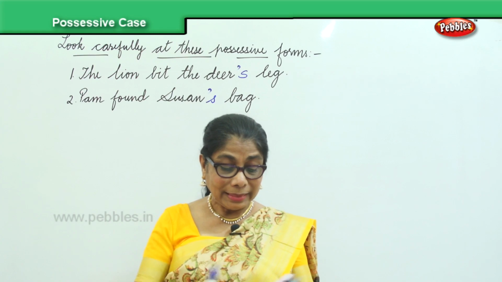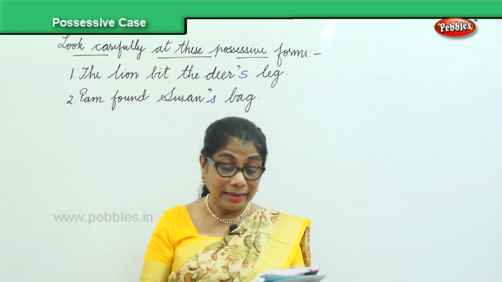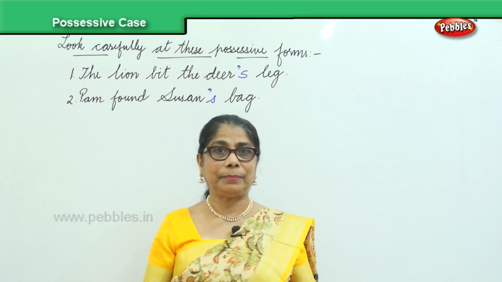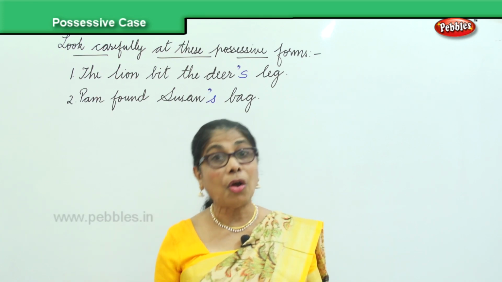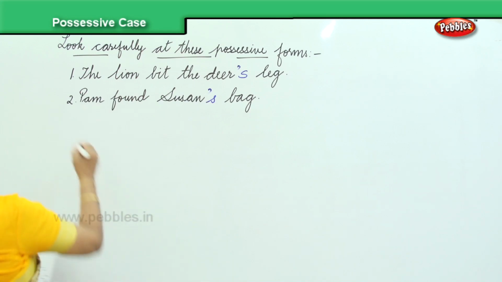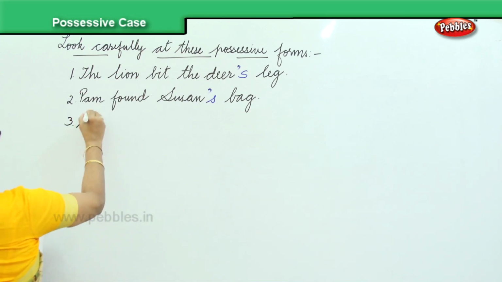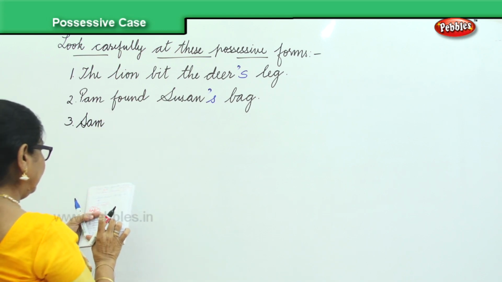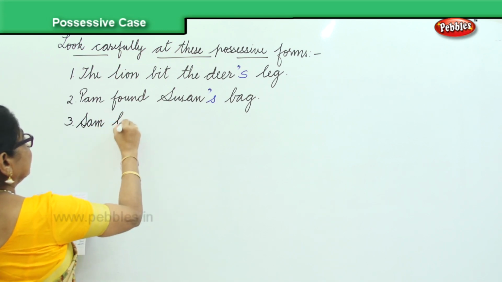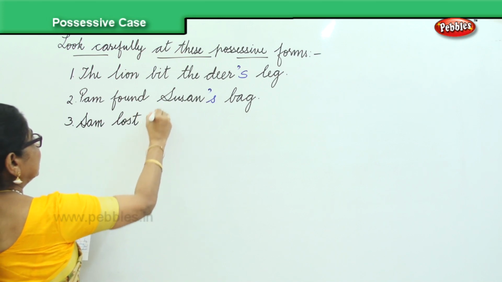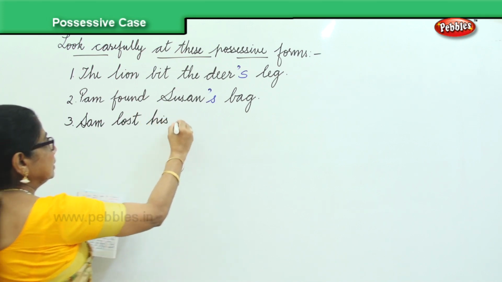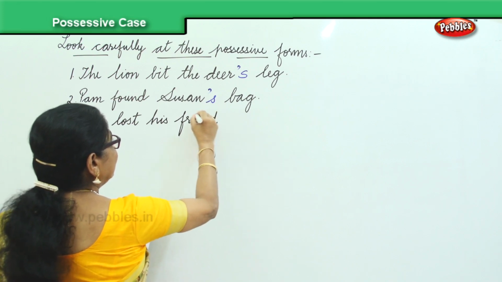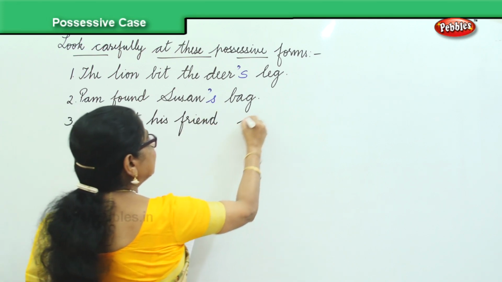Next one. Sam sat on his friend's bat. Sam lost his friend's bat.